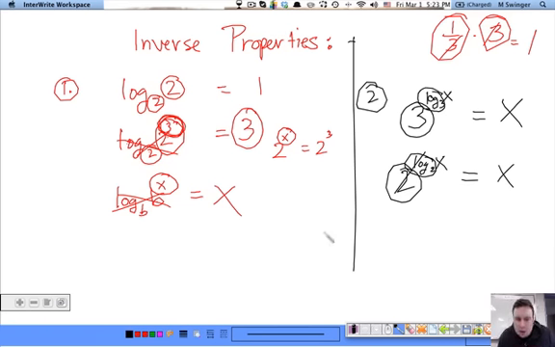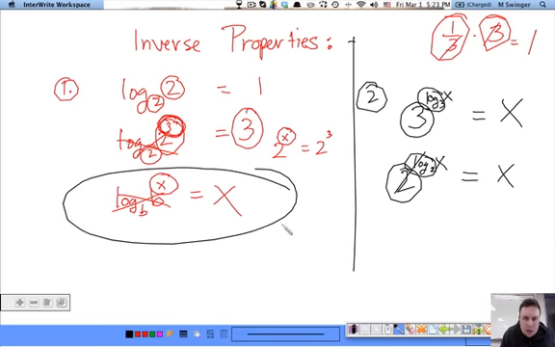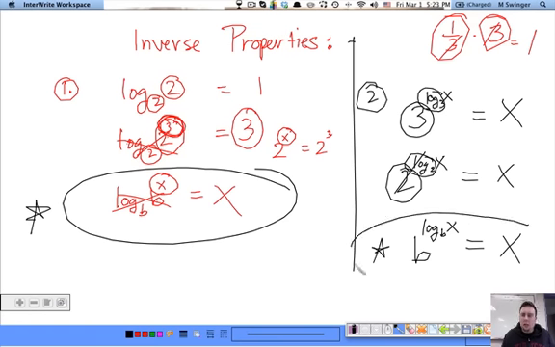In general, you should circle this one and say that's an inverse property: b to the log base b of x. B to the log base b cancels out and you're left with just x. There's the other inverse property. We're going to do some things that require you to understand these two inverse properties.